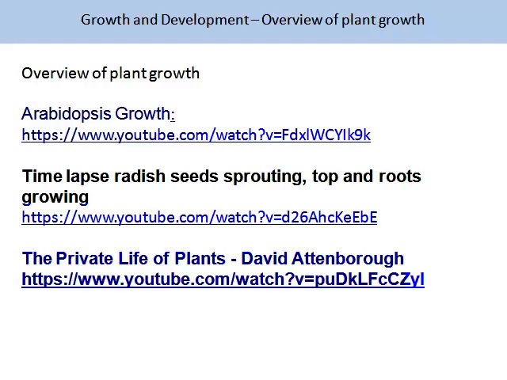The second plant is a time-lapse of radish seeds sprouting, where you can see both the hypocotyl growth and the root growth at the same time. And the third one is the David Attenborough Private Life of Plants, growth of fungi. All of these will give you the visualizations, and we will talk in more detail in this lecture about how these components come about.